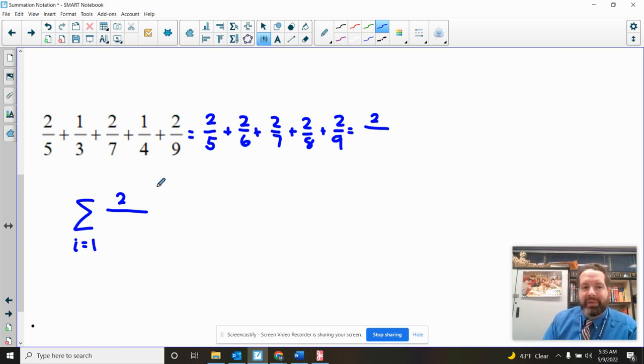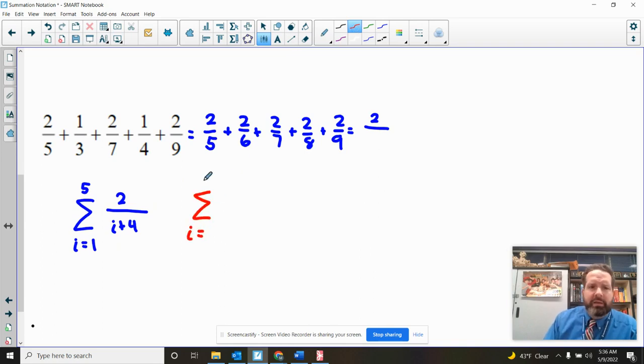It's now up to me to find a way to make the denominator be 5 if I start with an index of 1. How about I plus 4? That would give me then a denominator of 5, 6, 7, 8, and 9 if I go from I equals 1 up to 5. So I equals 1, 2, 3, 4, and 5 would cover all of those terms. Here is one way to write that summation notation.